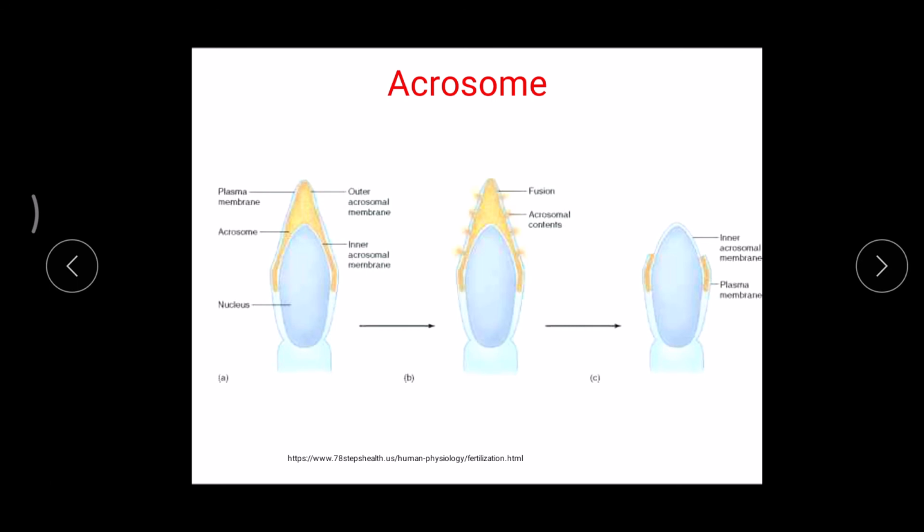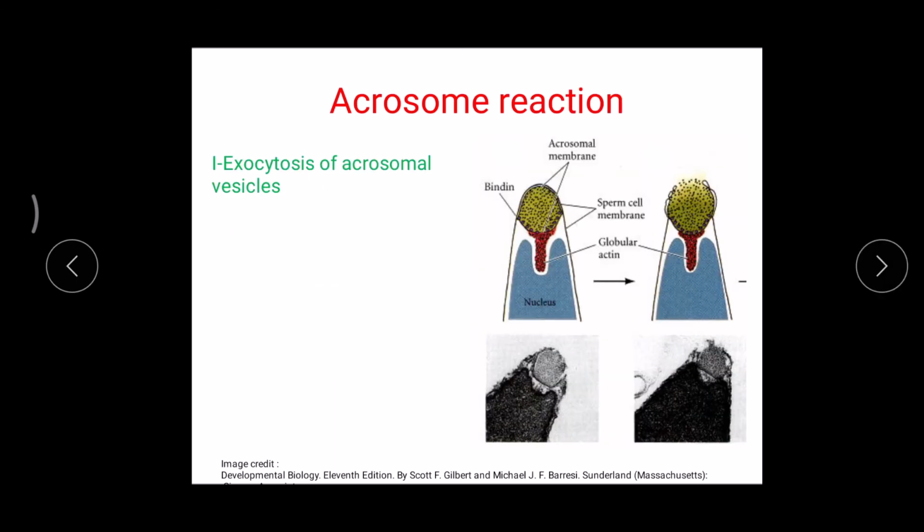It is covered by the plasma membrane and outer acrosomal membrane. So for all its content to come out, it is essential that these two membranes fuse, and once these two membranes are fused, all its lytic enzymes come out, and that helps in dissolution of the egg jelly. This entire event takes place in a process called the acrosome reaction.